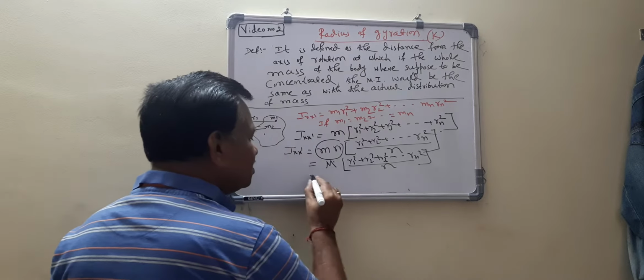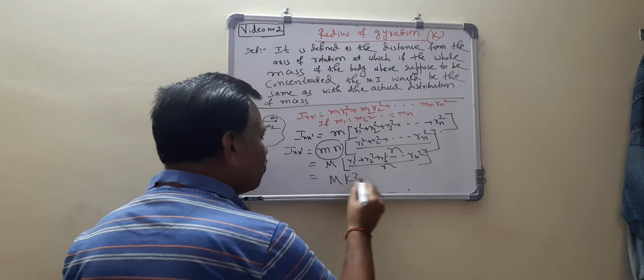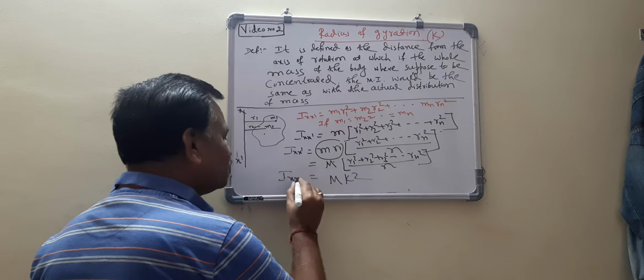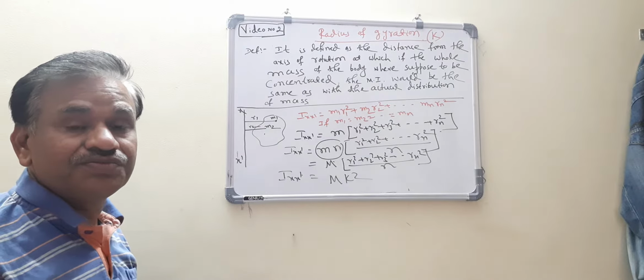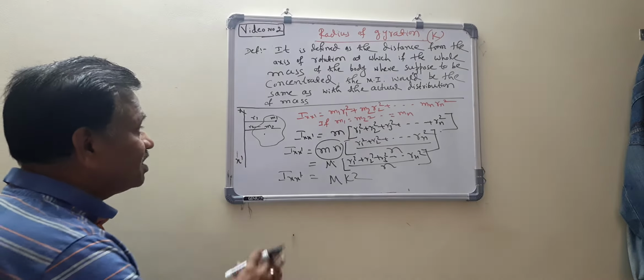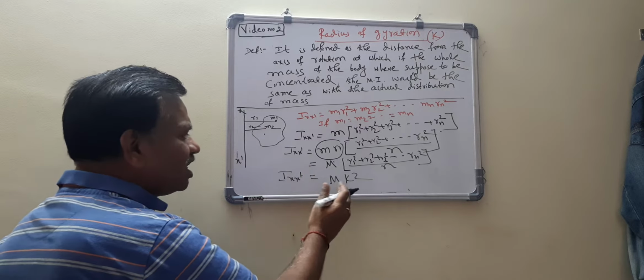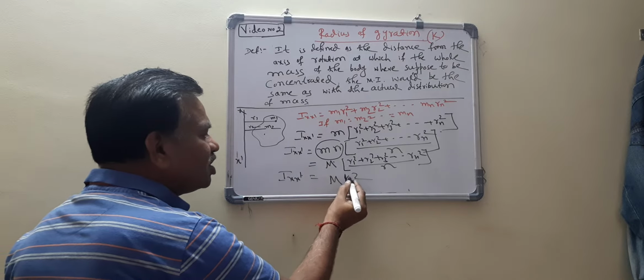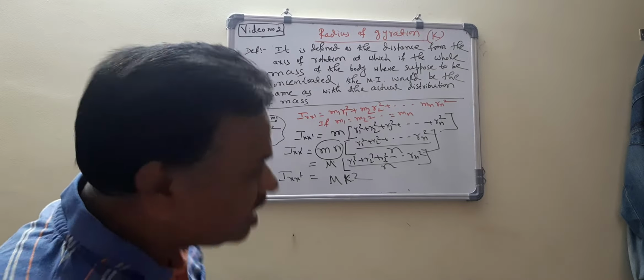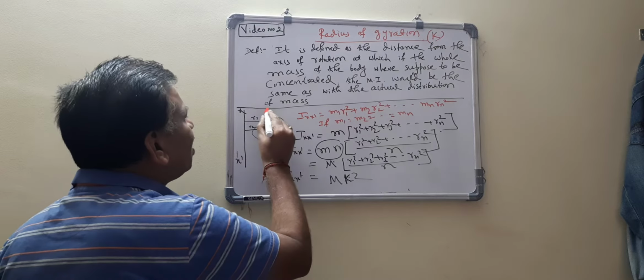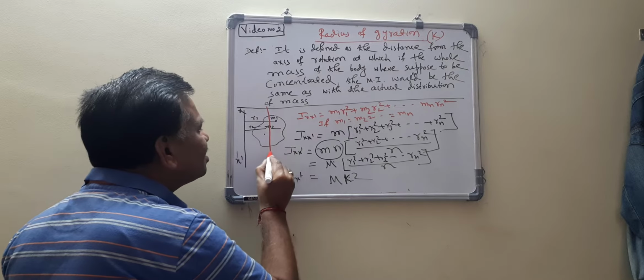This is nothing but M into K square. This K is nothing but the radius of gyration. What is radius of gyration? It is an irregular body. Here K is nothing but, take one axis passing through its center of gravity.